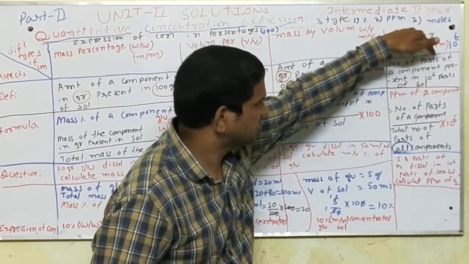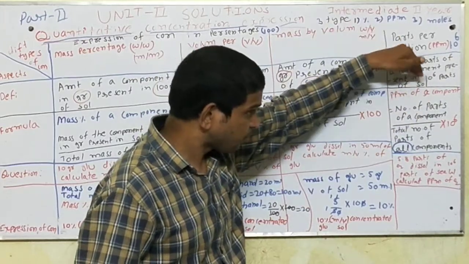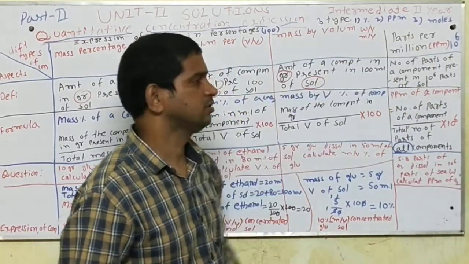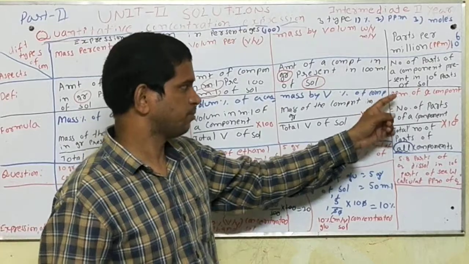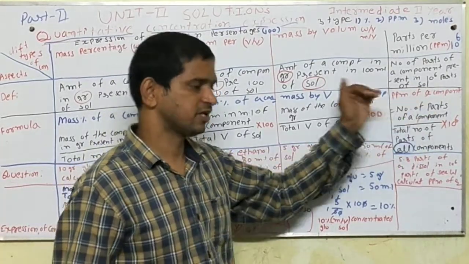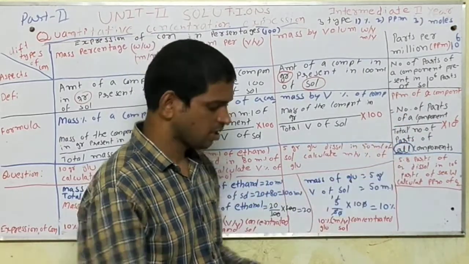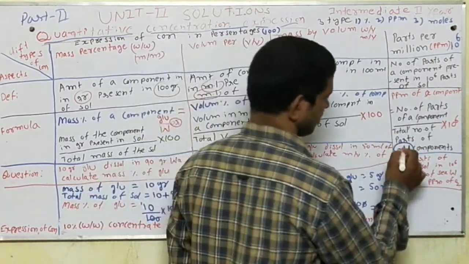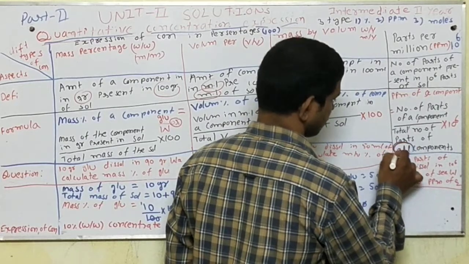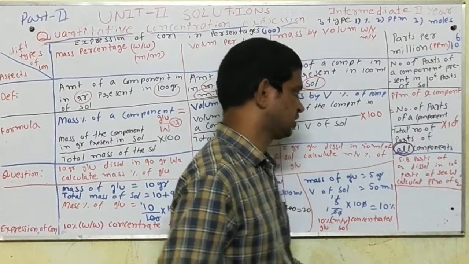The formula for parts per million of a component is number of parts of a component divided by total number of parts of all components, into 10 power 6.